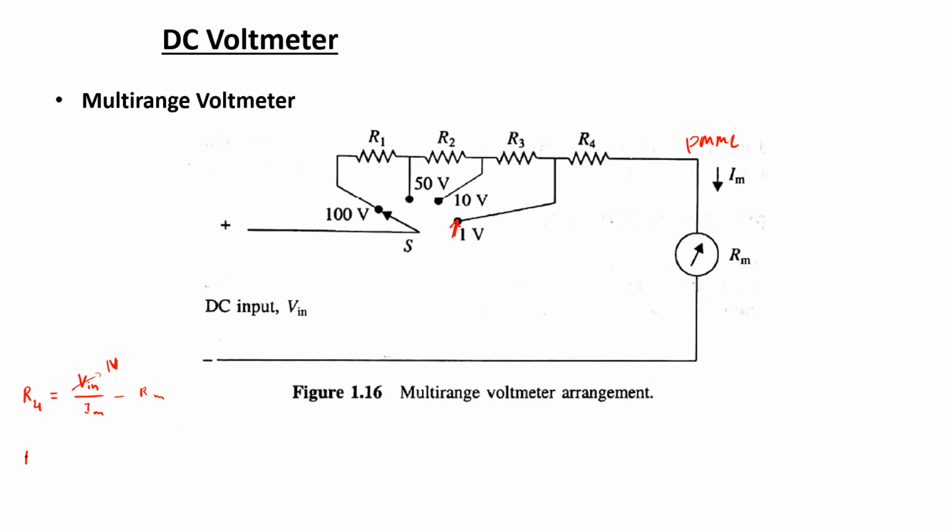So for that, when the selector switch is located at R3, then what will happen? The same equation can be used, but in this case, the summation of these two resistances, R3 and R4, should be considered.